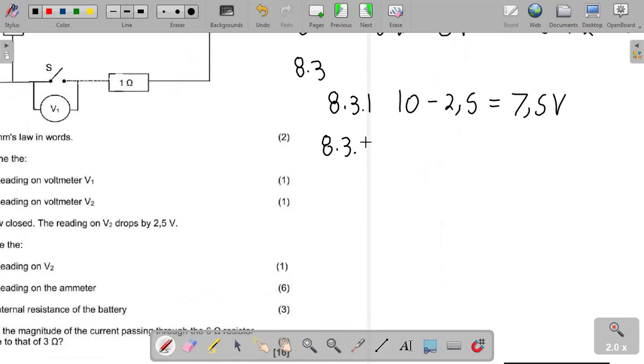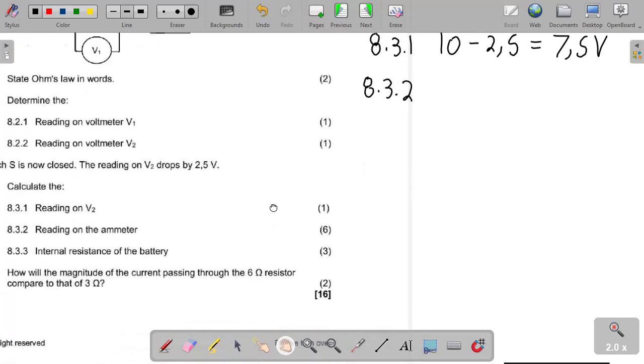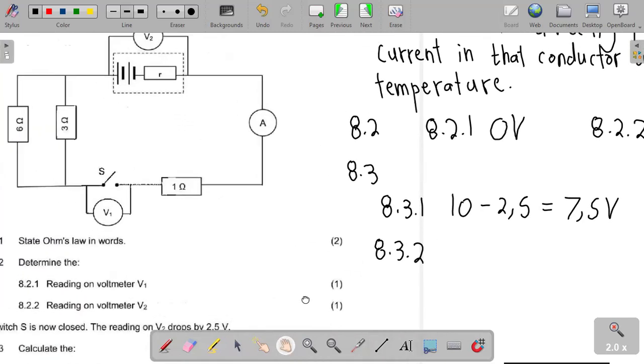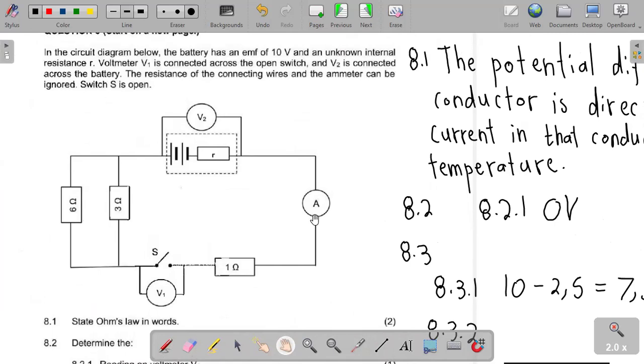And then for number 2, what happens? Reading on the ammeter. So the way the ammeter is connected here, the ammeter would do what? It would read the total current, isn't it? Yes. The ammeter here would read the total current. Okay.